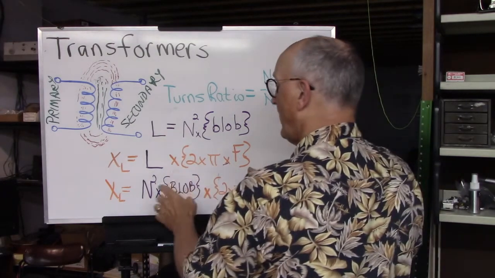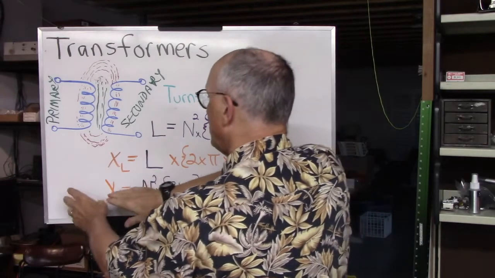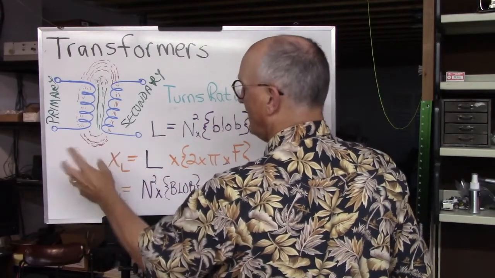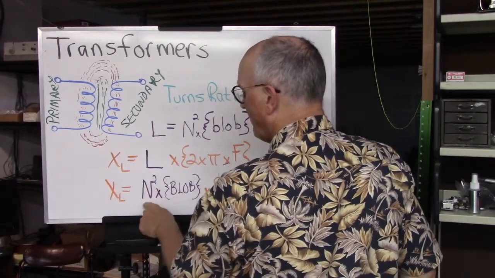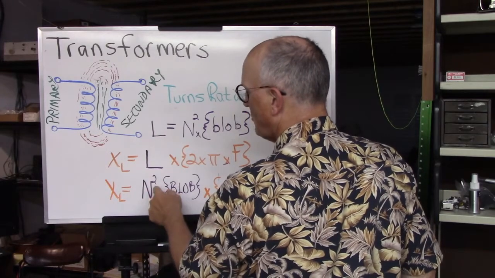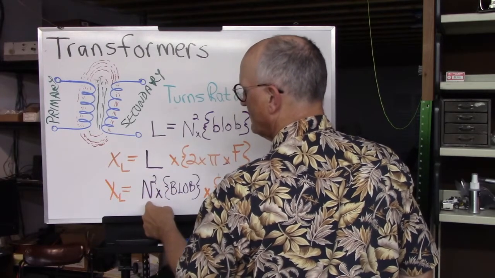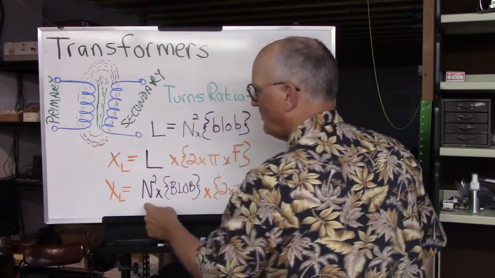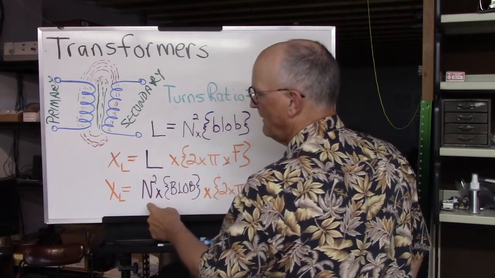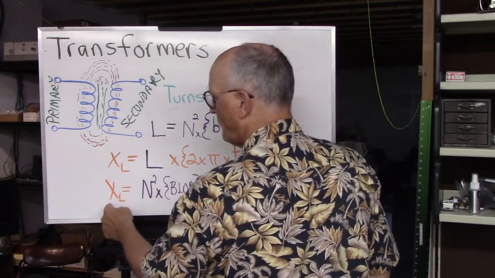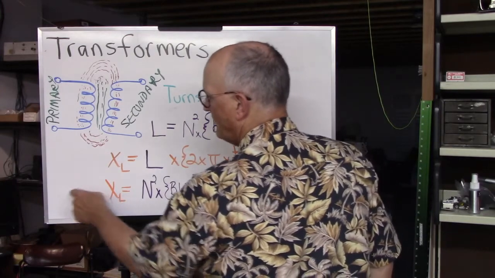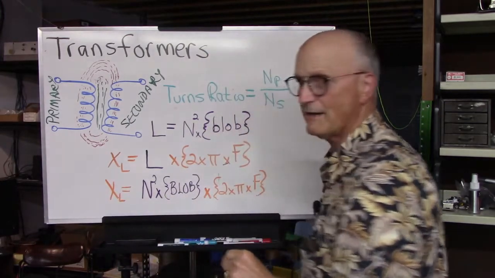So you can see that the impedance of an inductor is proportional to the square of the number of turns. So if you double the number of turns, then you quadruple the impedance of that inductor.